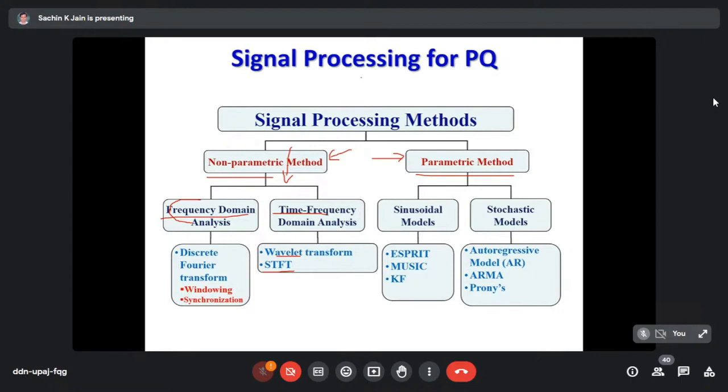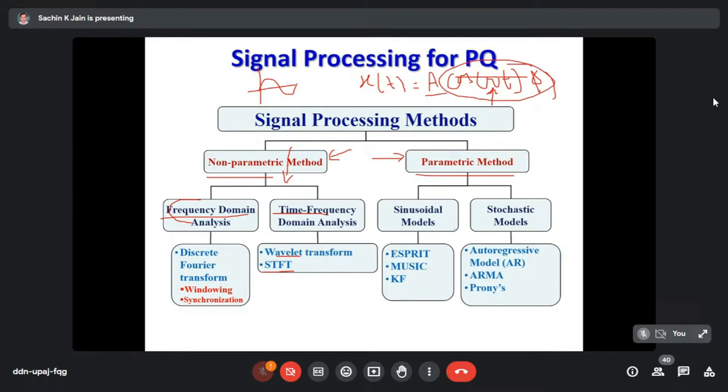For example, a signal can be modeled as, this is its instantaneous value, consisting of a parameter A cos of omega t. So this A is your parameter, which is amplitude, omega is your frequency, it may have phase shift, so that is your parameter. So you are representing this signal by a model.